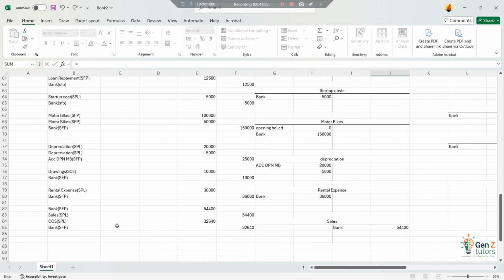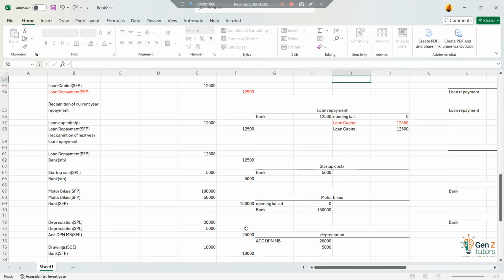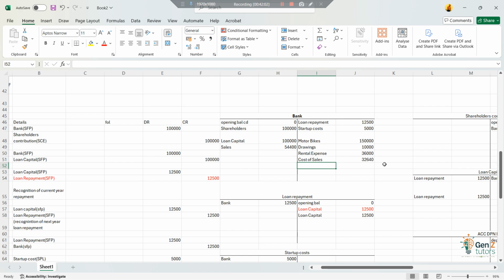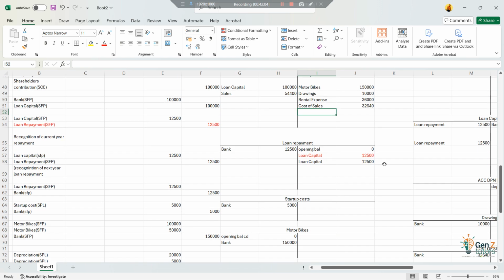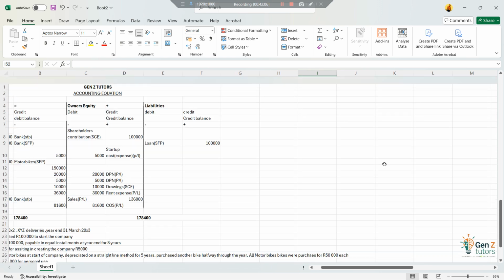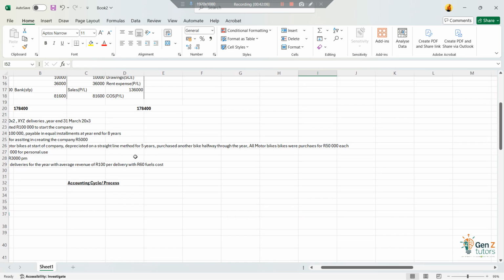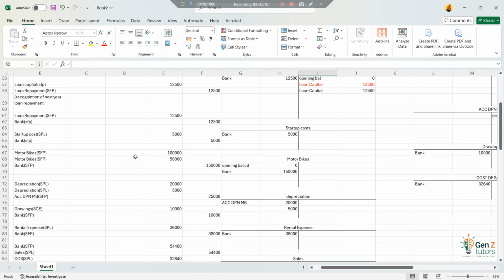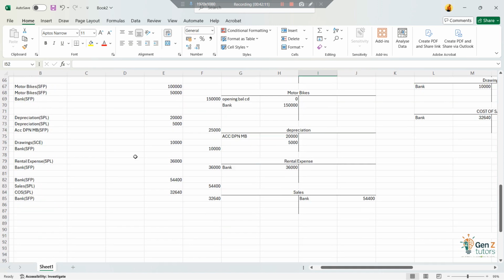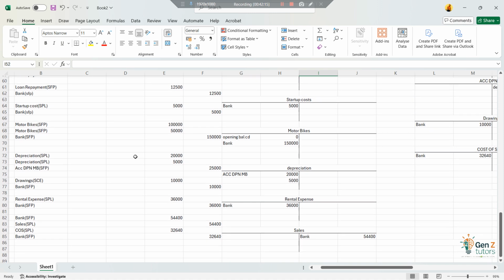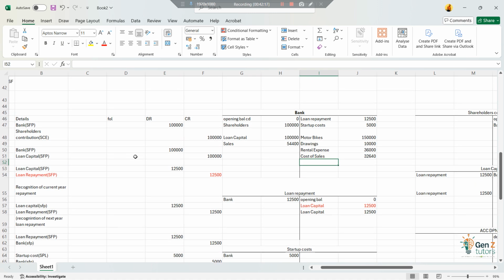Then with the cost of sales, we are going to debit cost of sales due to 32,640, and then we insert bank over here. Then you go to the bank ledger again and credit cost of sales with that particular amount.